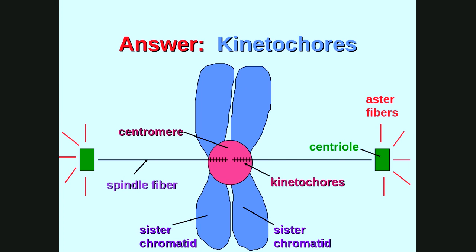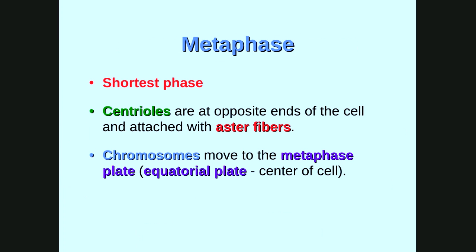Okay, students. So this is the metaphase stage. Before, we studied the prophase, then the metaphase stage. Centrioles are at opposite ends of the cell and attached with the aster fibers. And centrosomes move to the metaphase plate, the equatorial plate, the center of the cell.